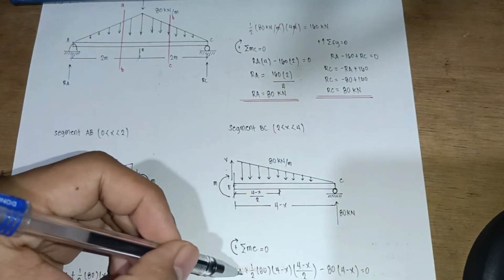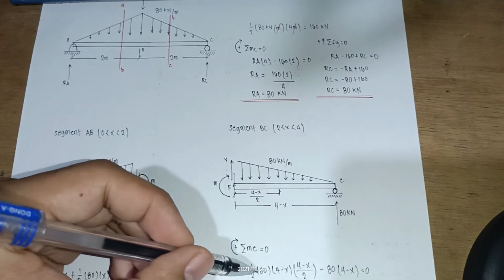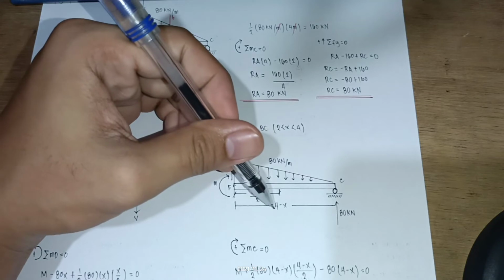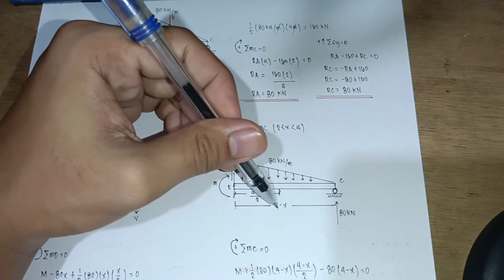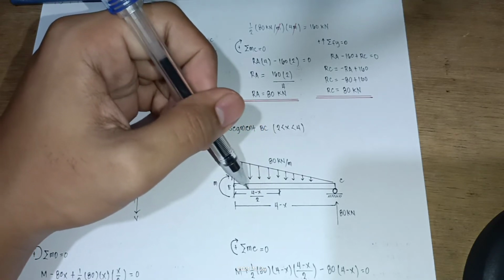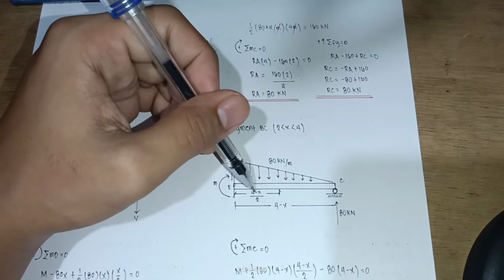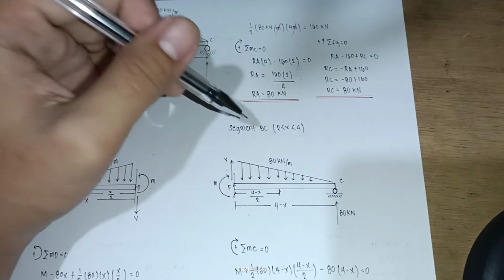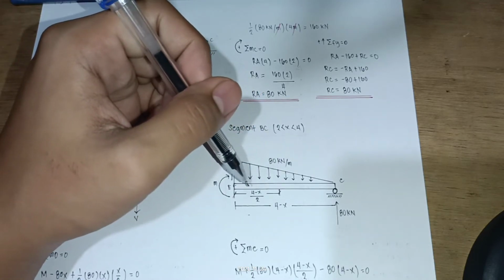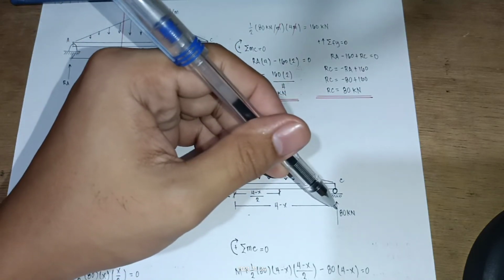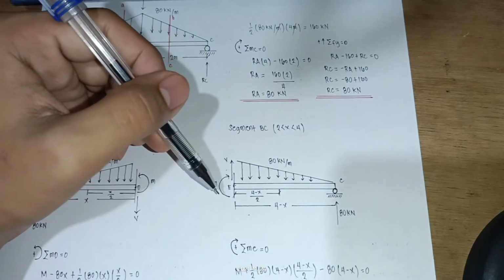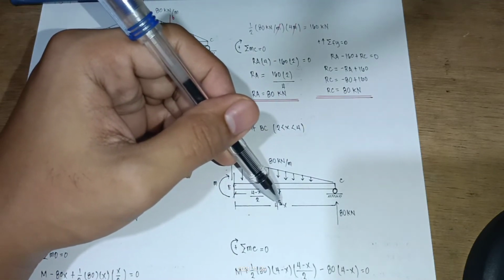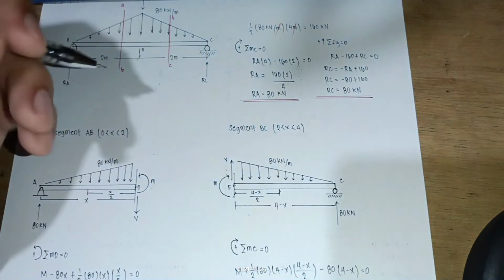So M plus 1/2 of 80 times 4 minus x, also times 4 minus x over 2, the distance from the middle to E, and then minus 80 times the distance 4 minus x is equal to 0.